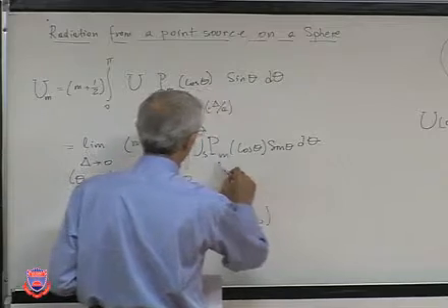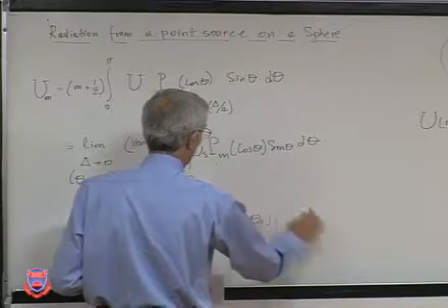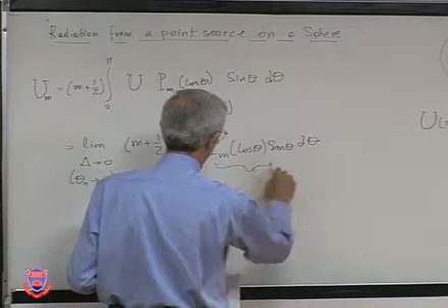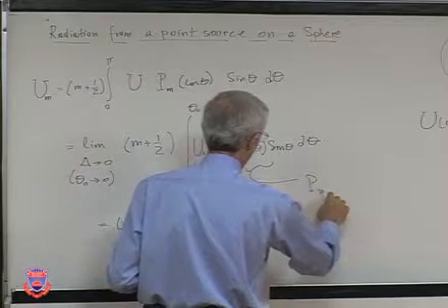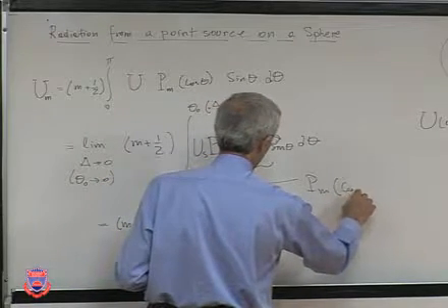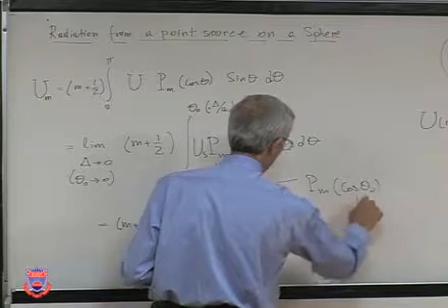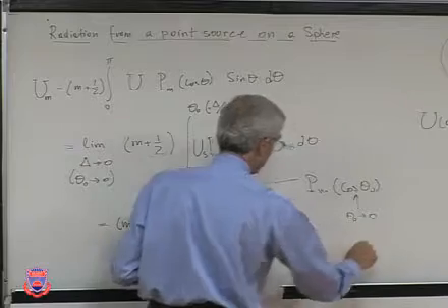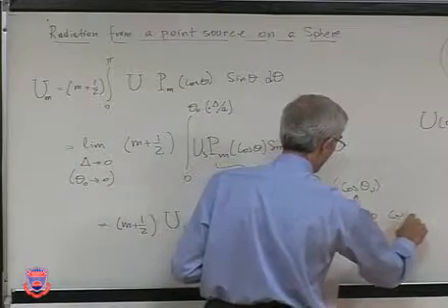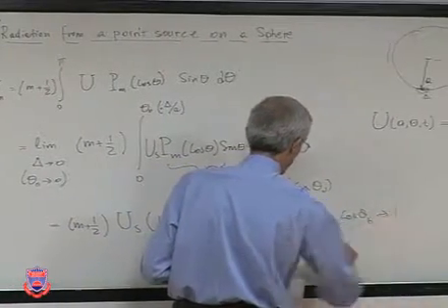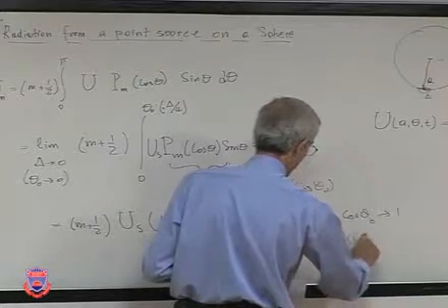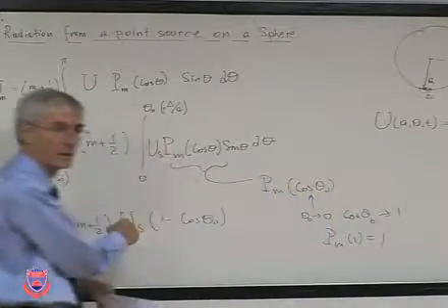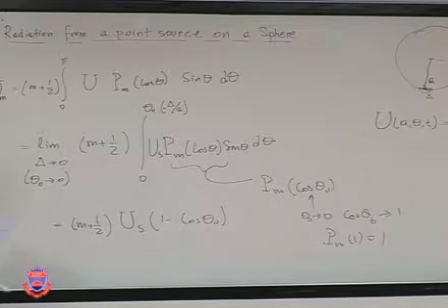Okay, one thing you need to remember is when PM of cosine theta 0, and theta 0 goes to 0, cosine theta 0 goes to 1, and PM of 1 is 1. That's how the evaluation of this comes out.